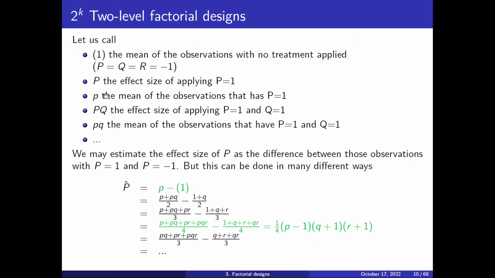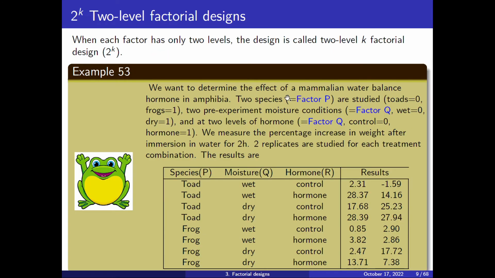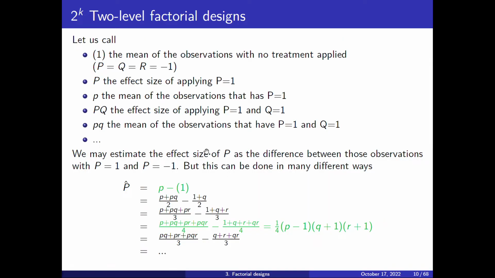And a small p is the mean of all the observations that have P equal 1. So it is the mean of all frogs. So we take all frogs and we compute the mean of these numbers. And we proceed in the same way for all the others. So capital PQ is the effect size of P equal 1 and Q equal 1. A small pq is the mean of these observations, and so on.